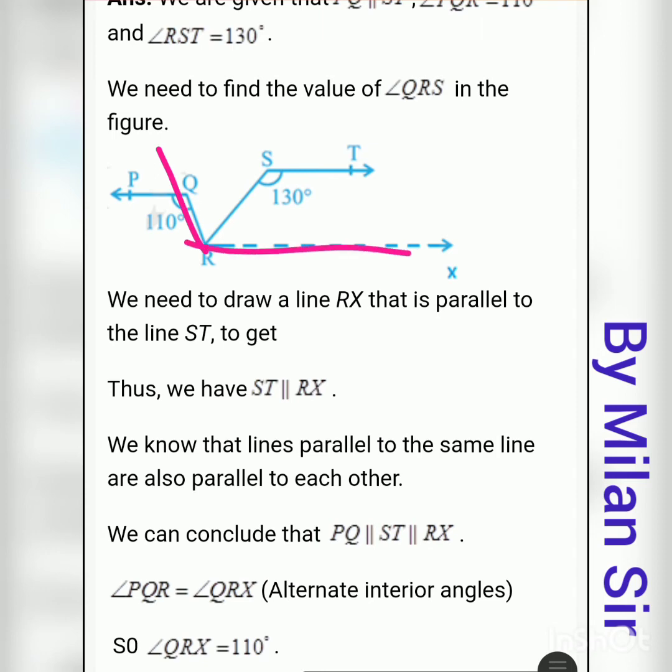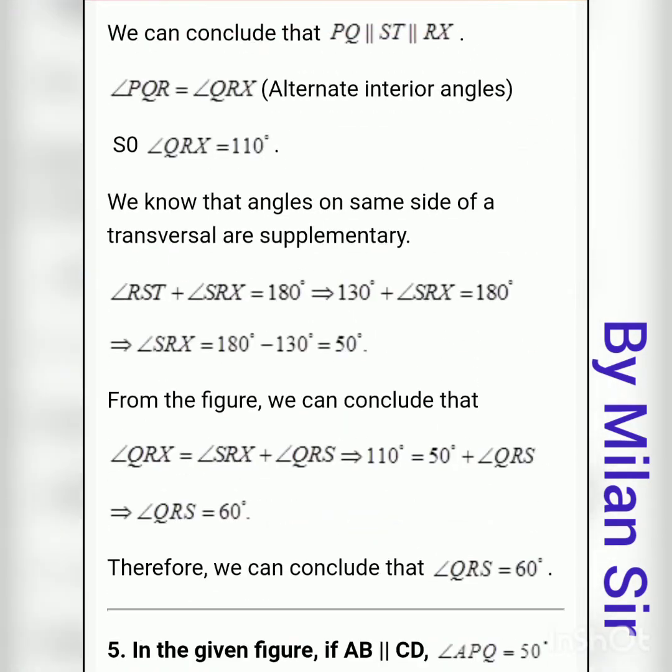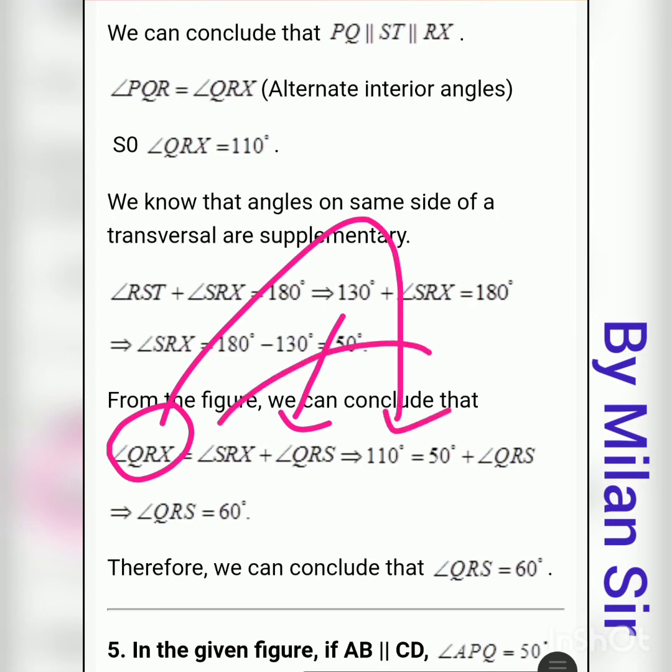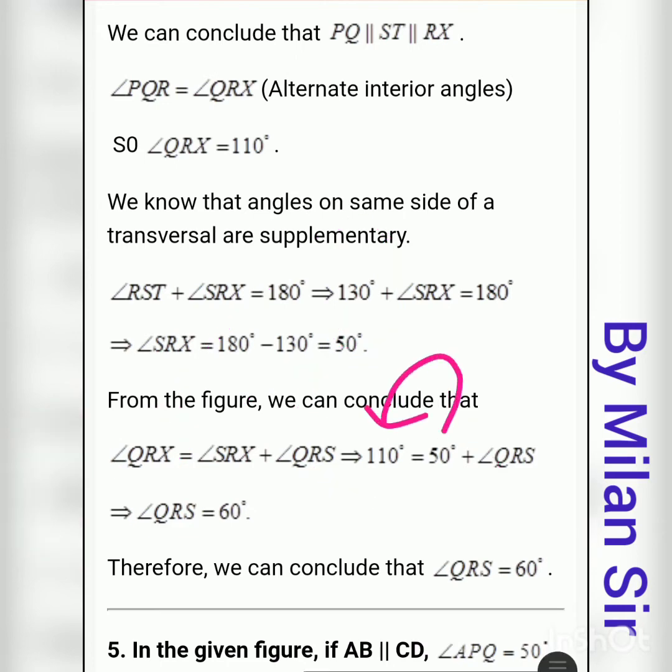QRX is the addition of these two angles, this full angle. That is written here. Now QRX we know is 110, SRX we just found is 50 degrees, and QRS we need to find. So transfer this 50 degrees to the left hand side, it becomes negative. So 110 minus 50 is 60 degrees.